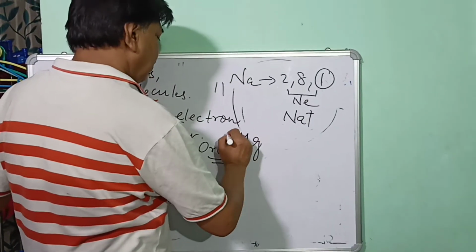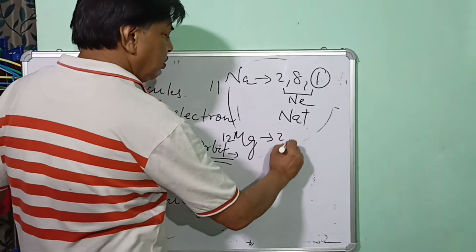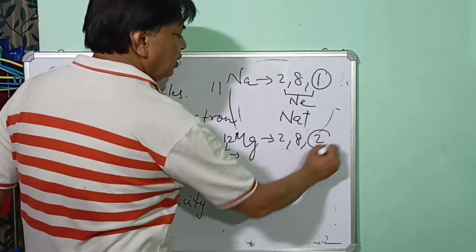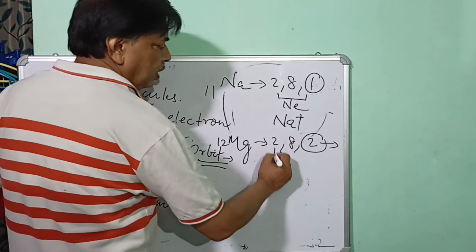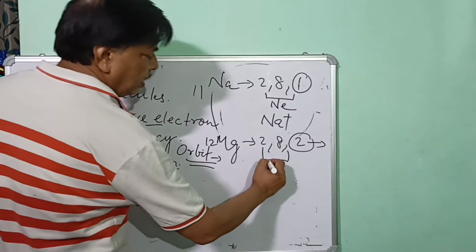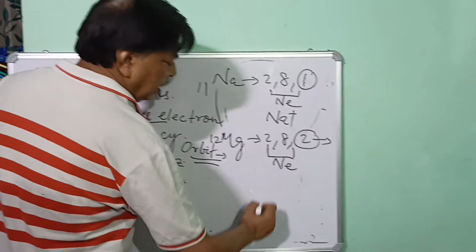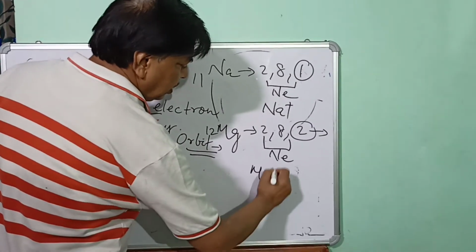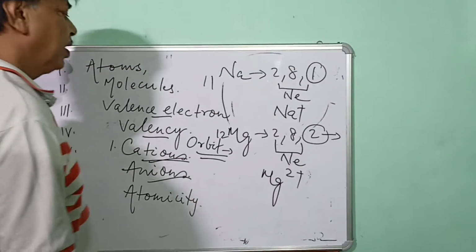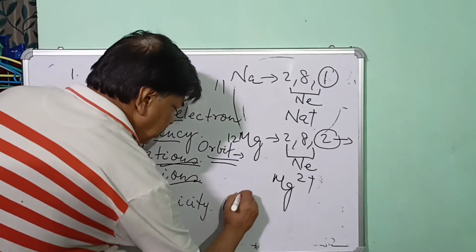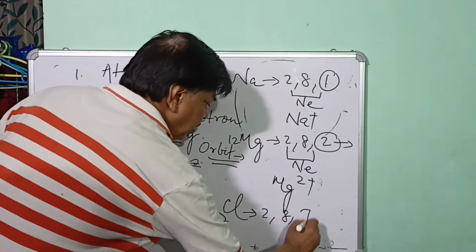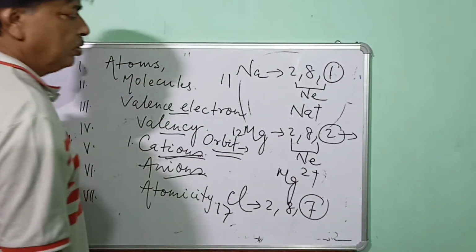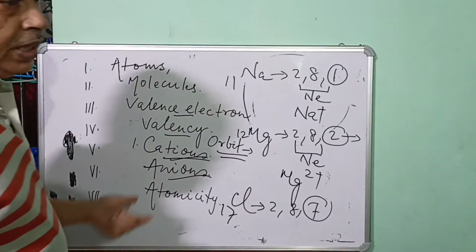Magnesium 12, its configuration is 2, 8, 2. Its valence electron is 2, so it will lose 2 electron and will get the nearest inert gas configuration of neon, and its charge will be Mg2+, cation will be formed. And Cl17, its configuration is 2, 8, 7, so losing 7 electron is quite difficult compared to gaining 1 electron.